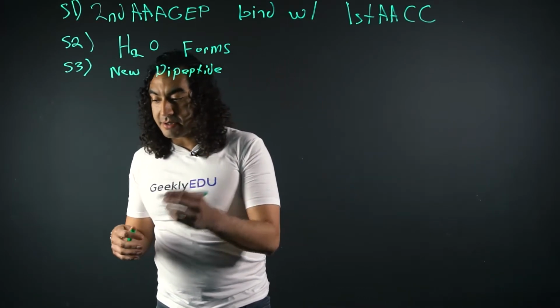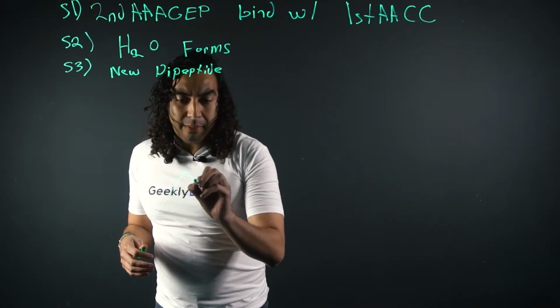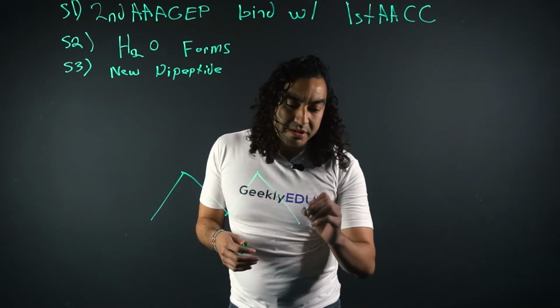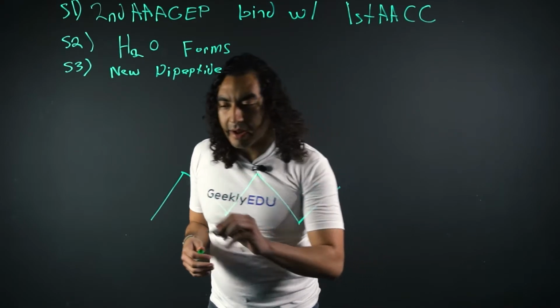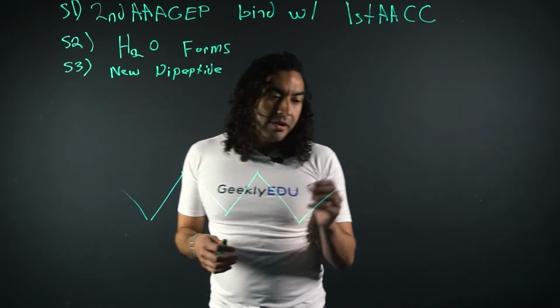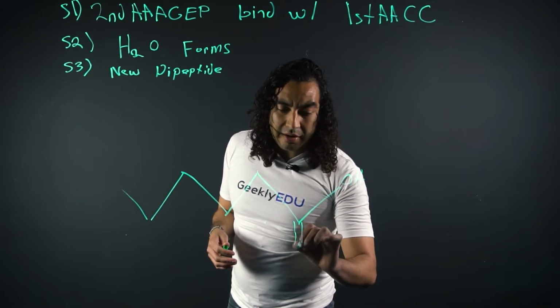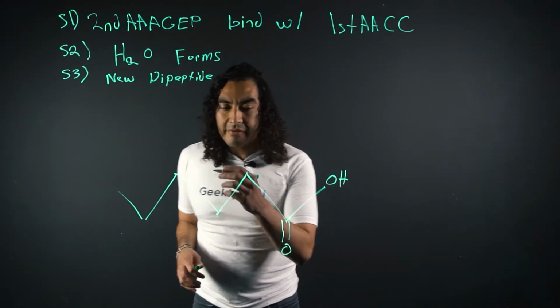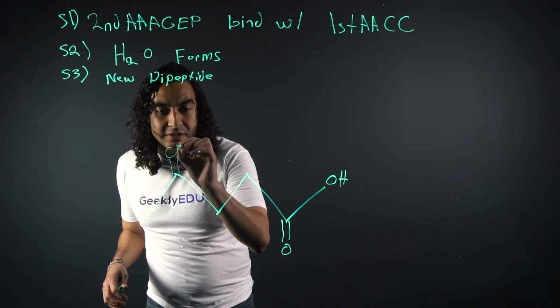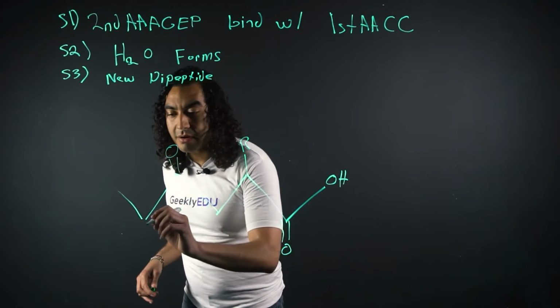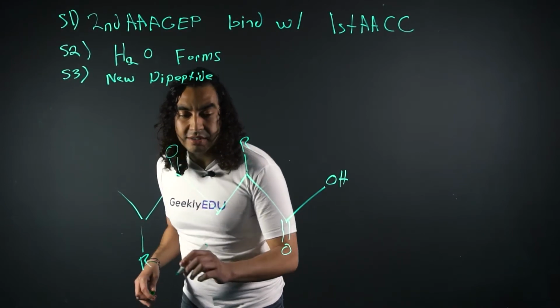It's pretty basic again. So our backbone is going to be a double mountaintop, as I like to call these. I just call them mountaintops. And we're going to have a line here off to the right and a line here off to the left. Right here off to the right, we're going to have an OH. We're going to have a double lined oxygen here, and we're going to have another double lined oxygen here. I'm going to go ahead and put an R group or a side chain here, and an R group or a side chain here.